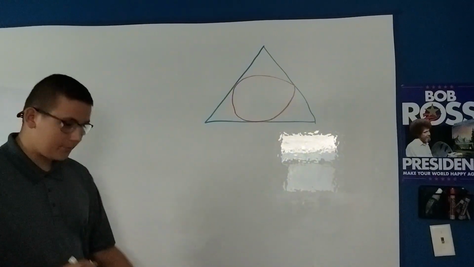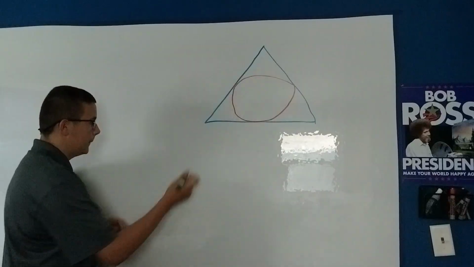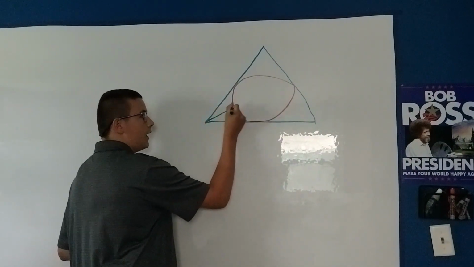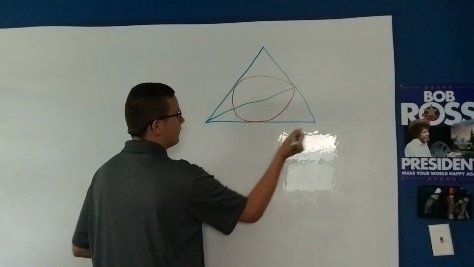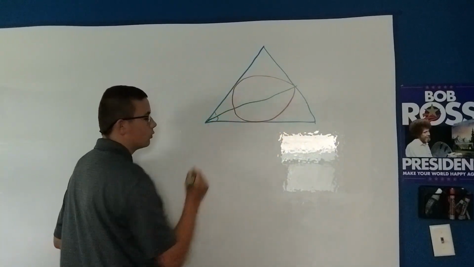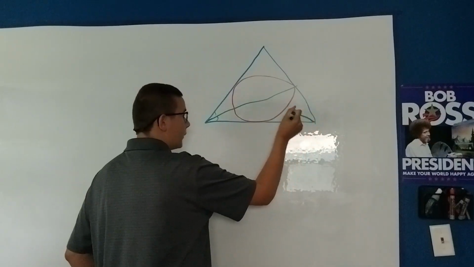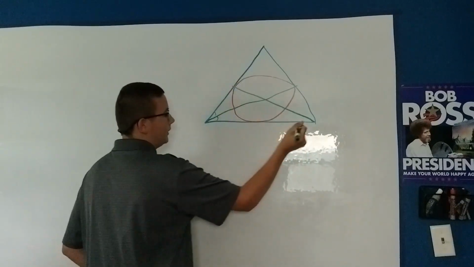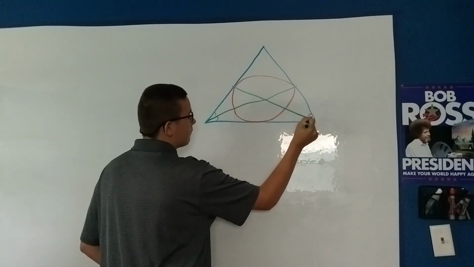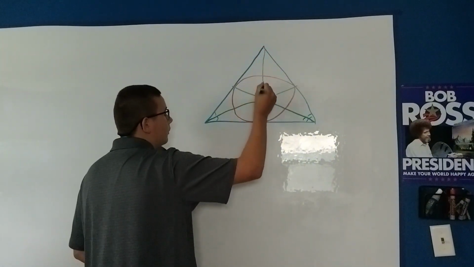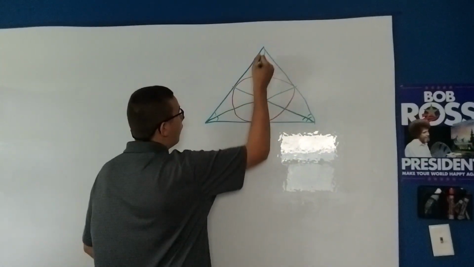But I digress. Again, we want to come perfectly out of this angle, cutting it in half, and it cuts it into two congruent angles. Same thing here, straight out, cutting it into two congruent angles. And again, two congruent angles.